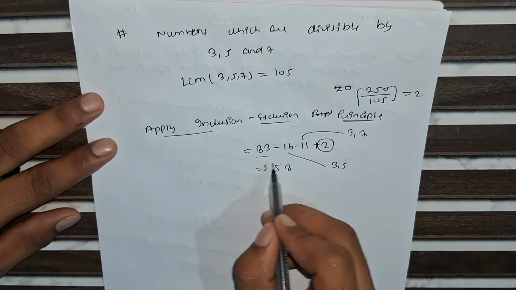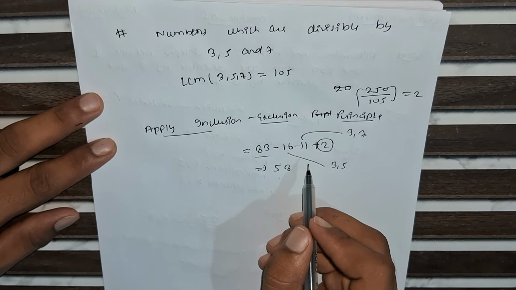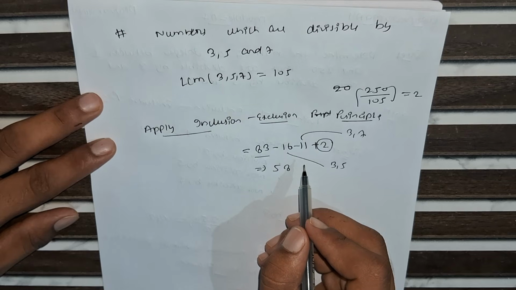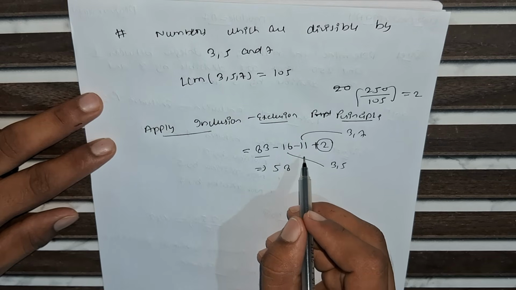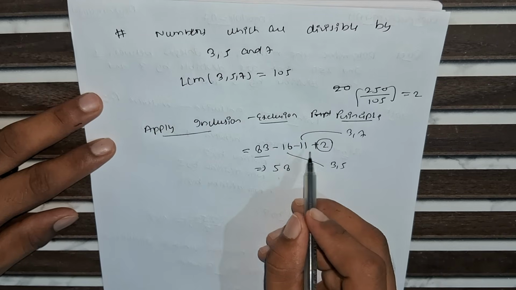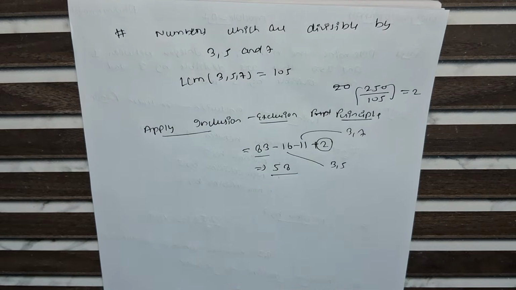Now we are subtracting from the total which is 83. And why am I adding 2 here? Because some numbers are divisible by 3, 5 and 7. These numbers are included in both 16 and 11. That's why we have subtracted them two times, so I am adding 2 here, which comes to 58. Like that you have to solve in the examination with the help of the inclusion-exclusion principle.